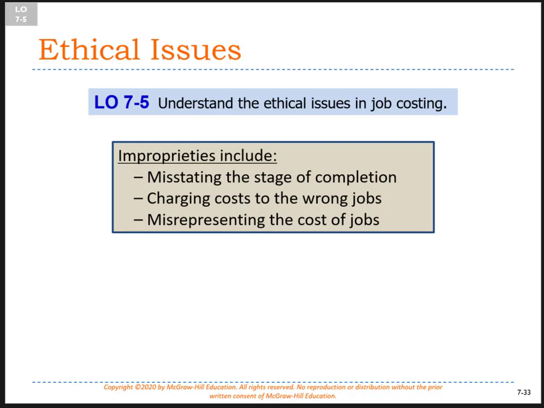And again, it can happen because of a mistake, just oversight. What we want to try to have internal controls on is to make sure it doesn't happen by mistake, but we also don't want a situation where someone can manipulate the system to make it look like their jobs cost less, for whatever reason, because of unethical behavior.